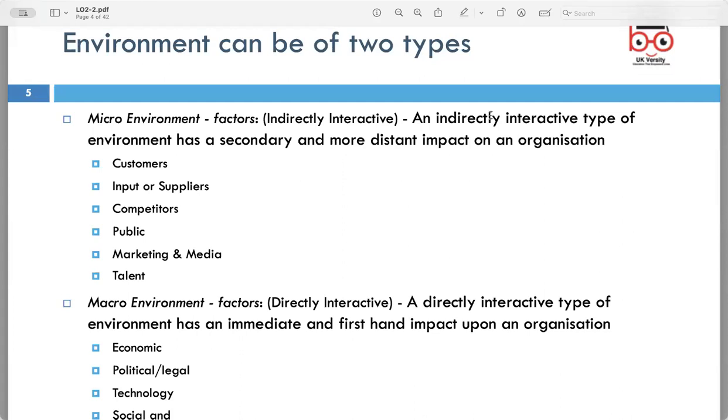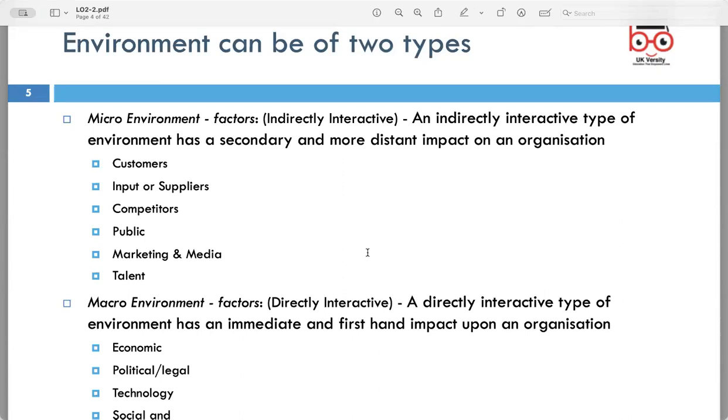Consider aspects like customers, suppliers, competitors, public, marketing and media. When we talk about macro environment, it includes factors and a sort of environment that is directly interactive and has an immediate and direct impact on an organization.